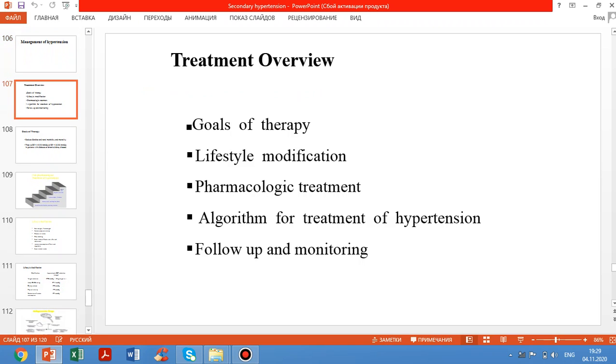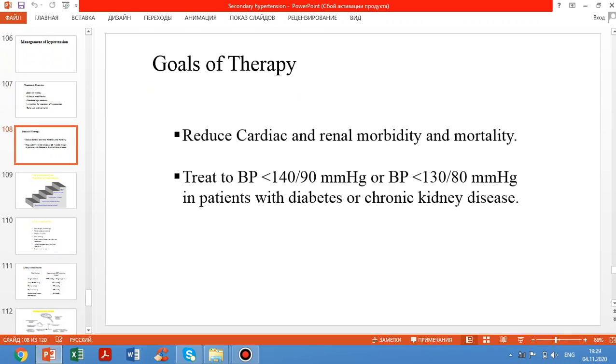Management of hypertension. Treatment overview includes goals of therapy, lifestyle modification, pharmacological treatment, algorithm for treatment of hypertension, and follow-up monitoring. Goals of therapy: reduce cardiac and renal morbidity and mortality.